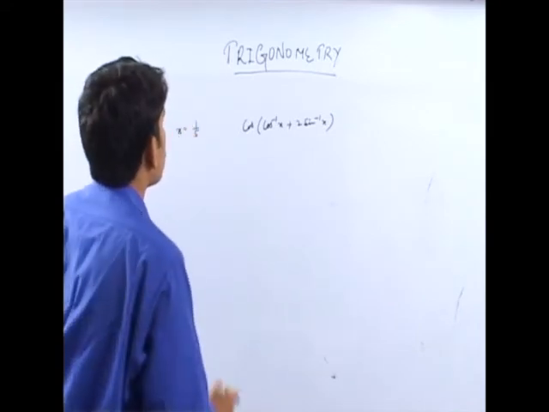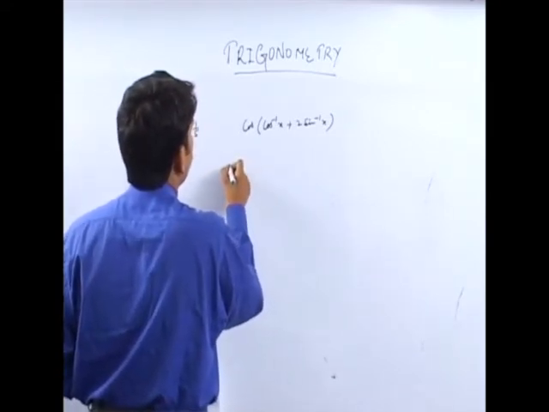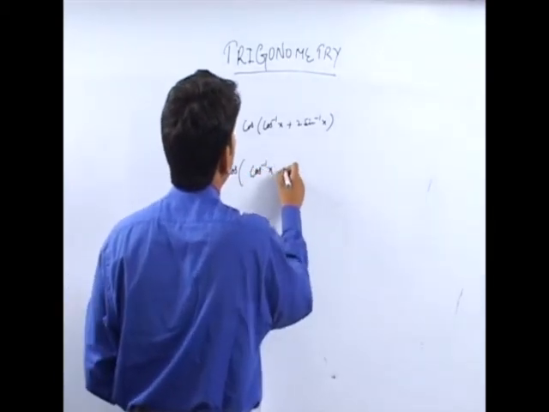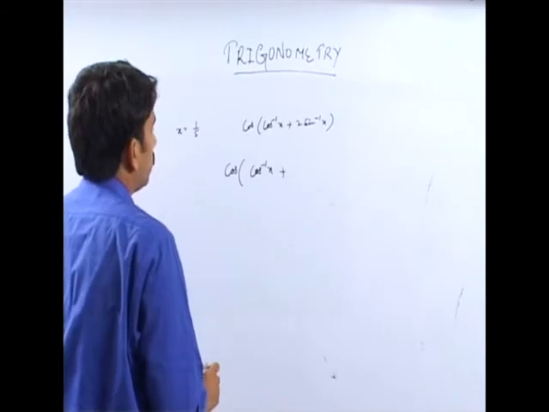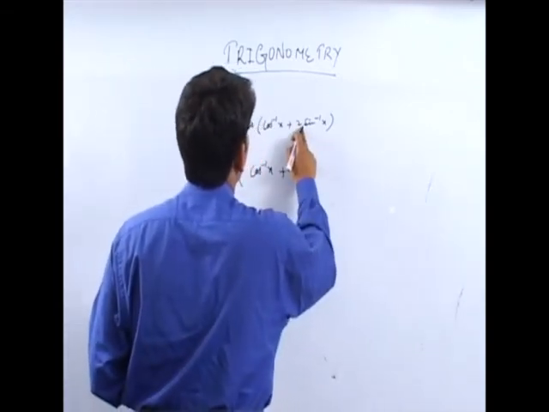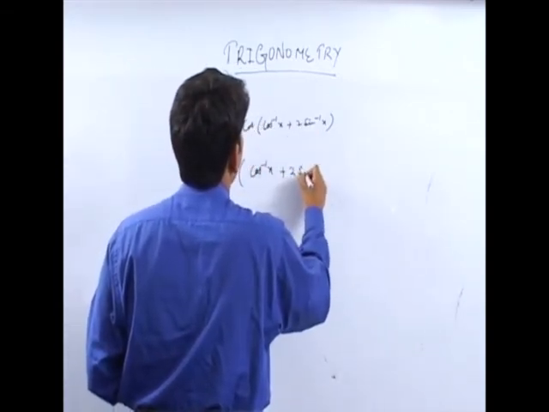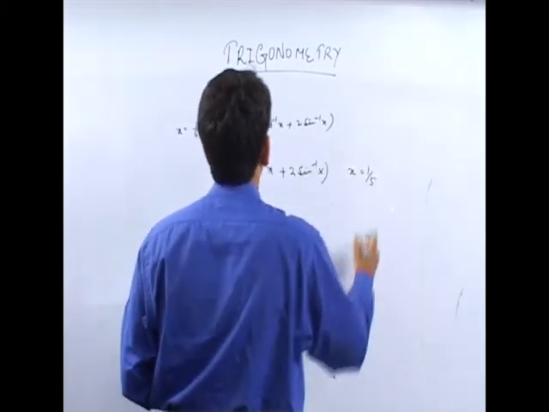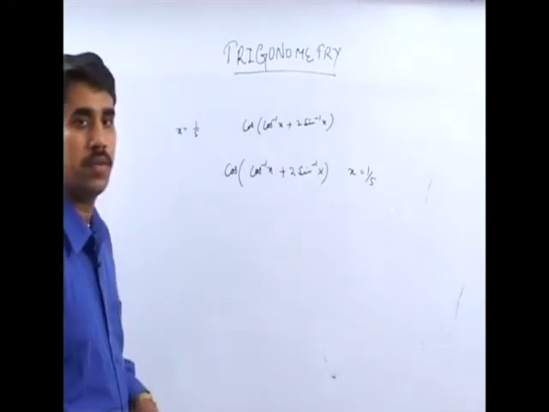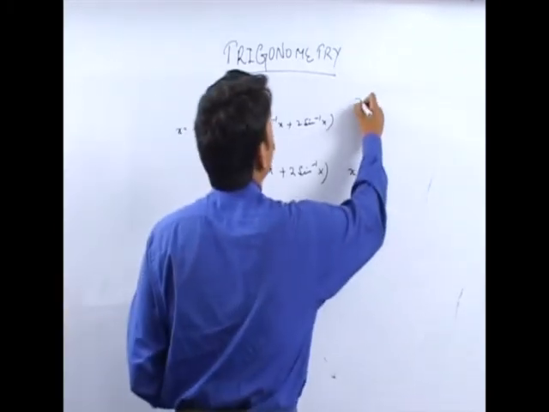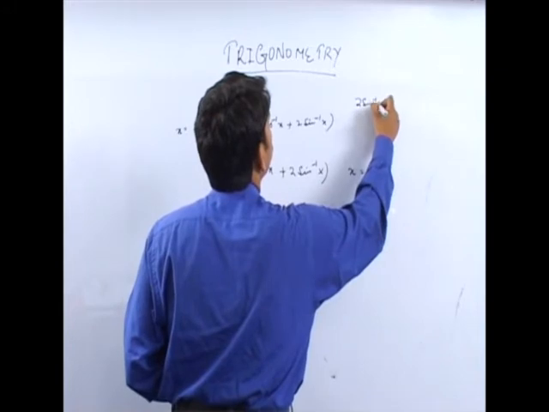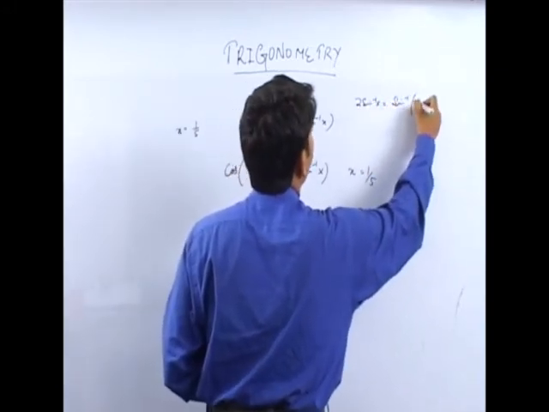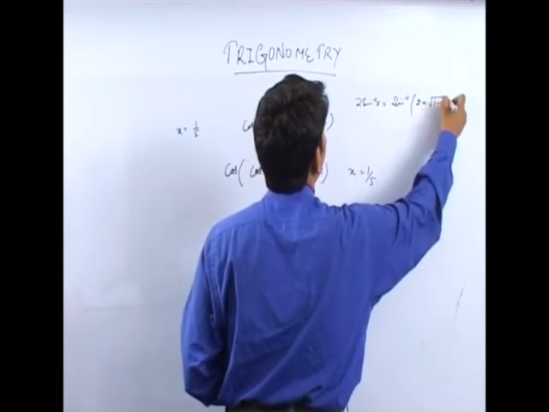Now, this is cos of cos inverse x plus twice of sin inverse x. You are given that x is equal to 1 over 5. Now you know that 2 sin inverse x is also equal to sin inverse of 2x under the root 1 minus x square.